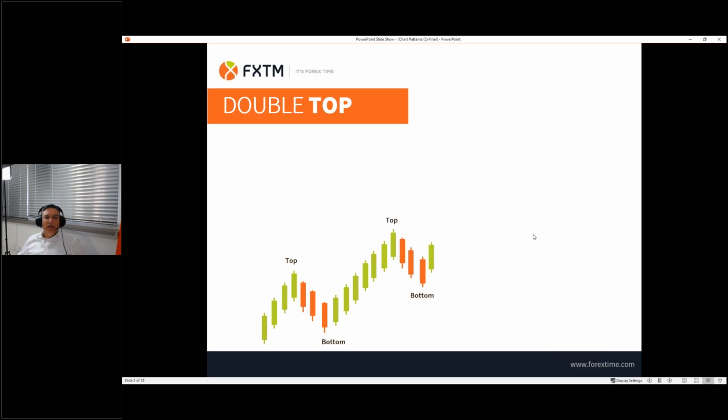Double top. So when we identify an uptrend, that uptrend will continue to move higher and higher, creating higher tops and higher bottoms until we identify a reversal.